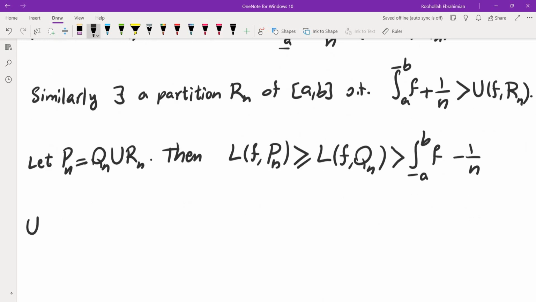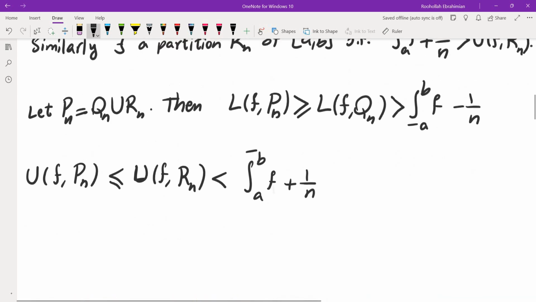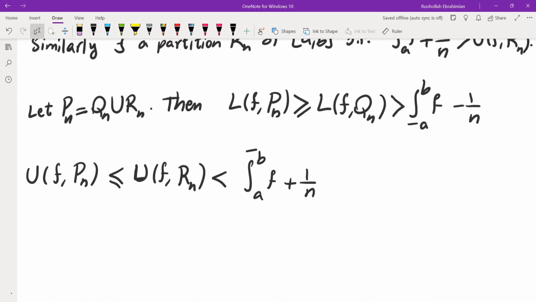Now, similarly, if I look at the upper sum of Pn, since I refined it, this would be less than or equal to the upper sum of f for Rn. And that is less than the upper integral of f plus 1 over n. But notice that upper and lower are the same.